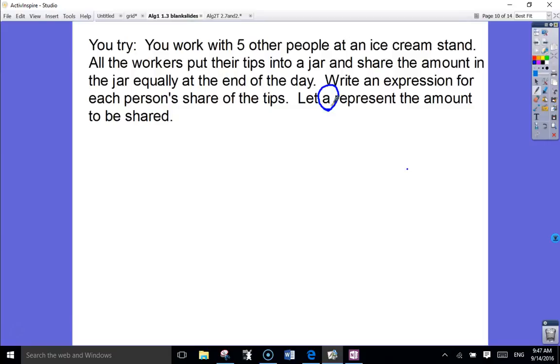And you're dividing that money up between how many people? Yeah, between 6 people. What's the expression? A divided by 6. The total amount divided in 6 equal parts, that's how much you get to keep. The total amount, right, is A. If I divide it by 6, then we'll get equal shares for everybody.